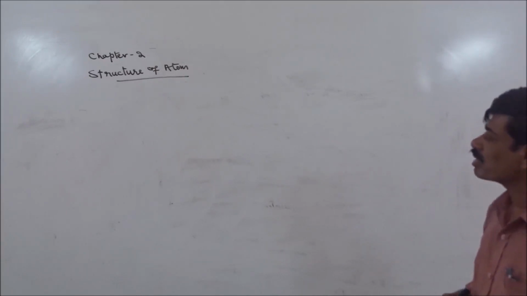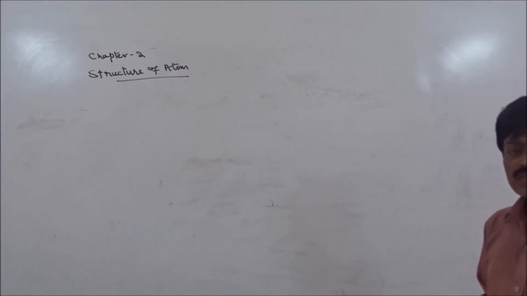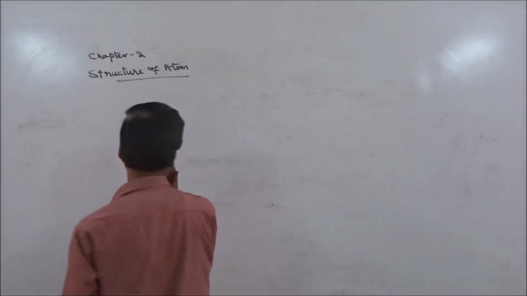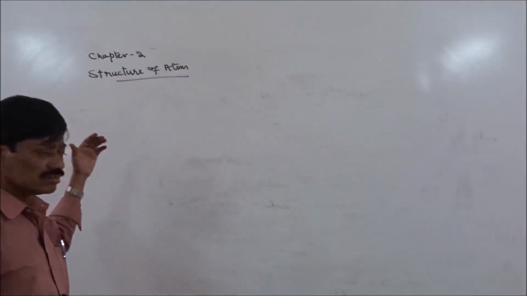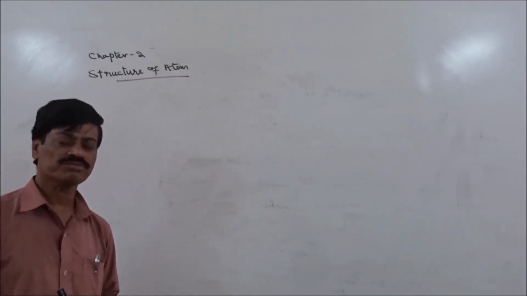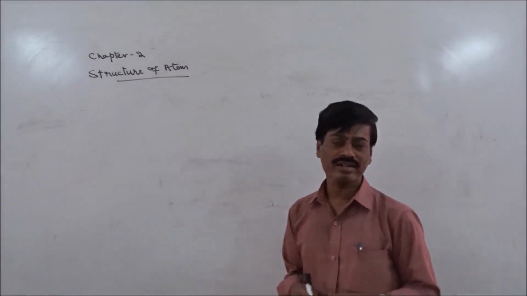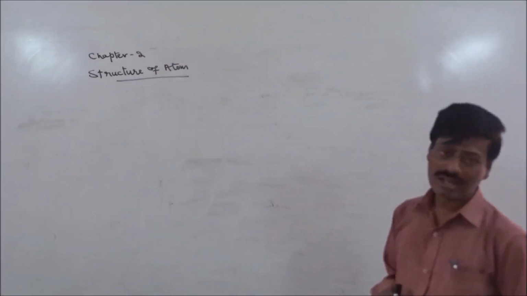Another point to remember is that a proton's mass is almost equal to the mass of a neutron. That's why we add the proton's number to the neutron's number to get the mass of the entire nucleus of the atom. So according to Rutherford, the mass of the entire atom is because of its nucleus, which is located at the center part of the atom.